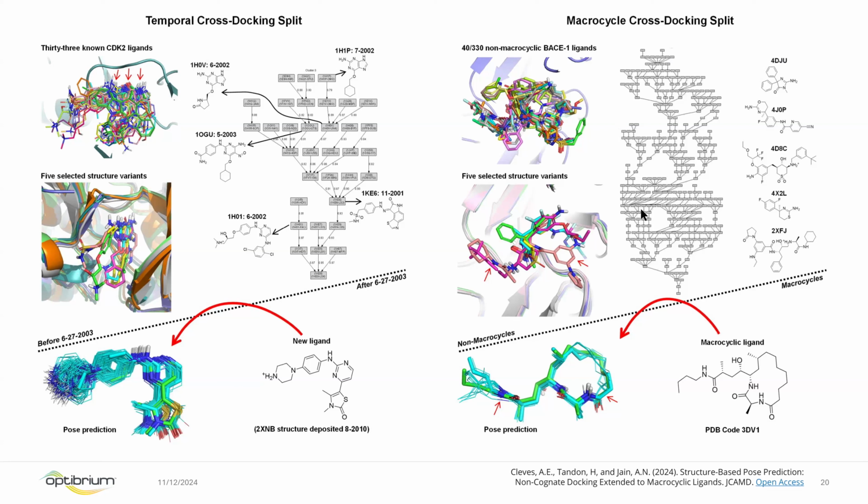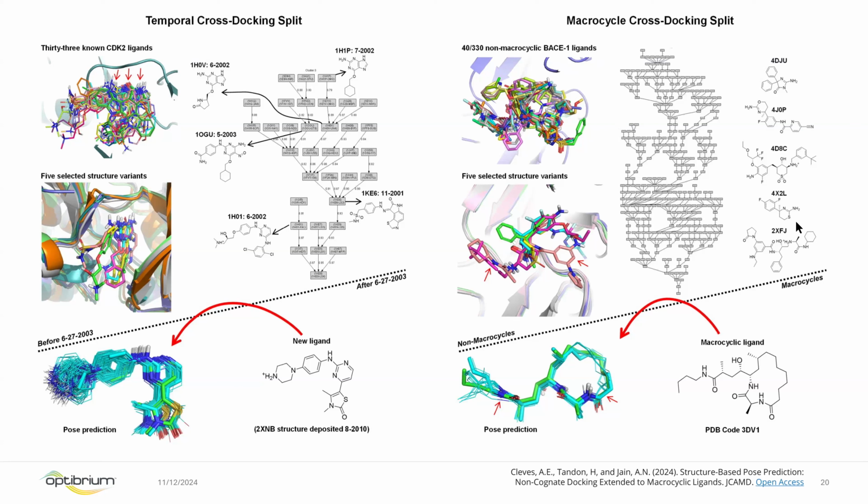On the right-hand side, I'm showing one of the particularly interesting macrocycle cases. So BACE1 has been a very well-studied target. As you can see, there are over 300 non-macrocyclic BACE ligands that have been designed, tested, co-crystallized, and actually deposited publicly in the PDB. You can see that there's a lot of structural variation in what these things actually look like.